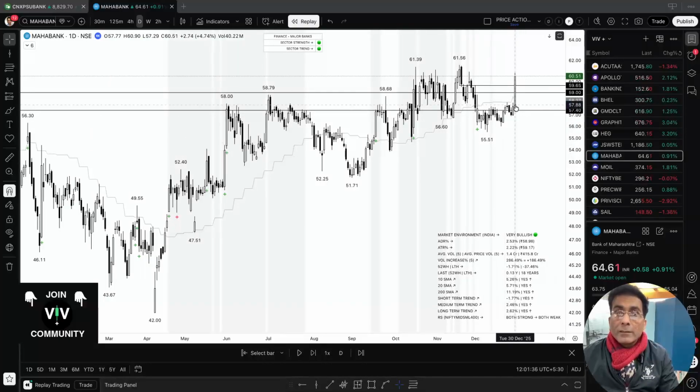See, look here, the sector also showed the strength and the trend, and Maharashtra Bank also did the same. That means it is not a laggard, it is also a leader, following the sector. It is not like the sector got positive but Maharashtra Bank is doing nothing, jumping here and there.